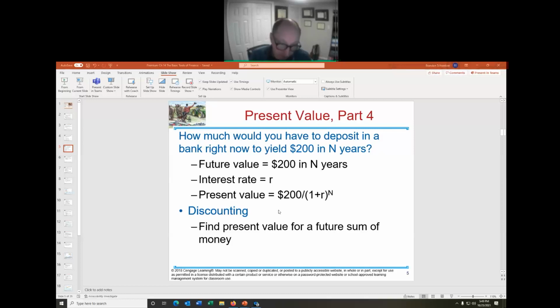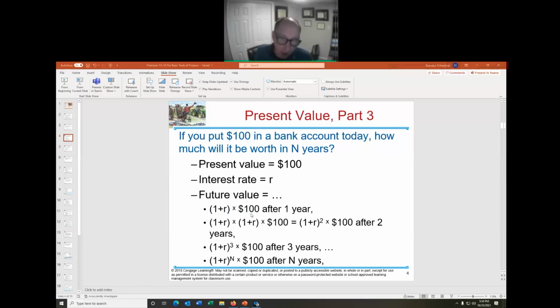That is the formula for present value. If you don't know what the future value is, you can always put in an estimation. But oftentimes, to find the future value amount, we run out the present value formula.